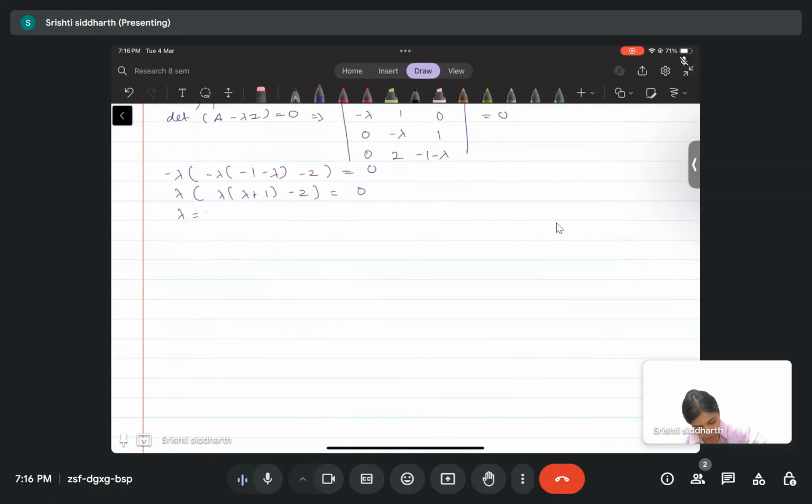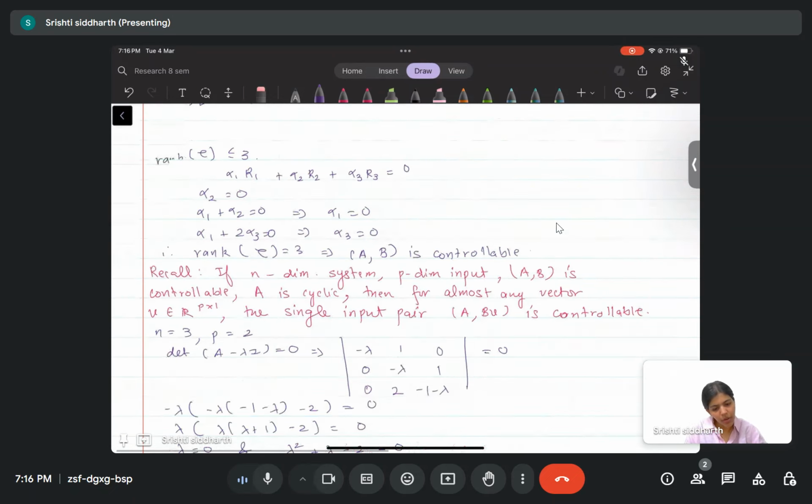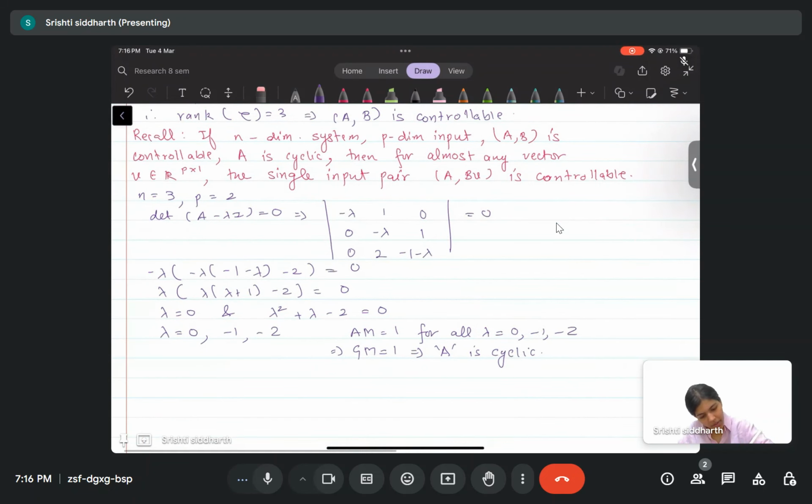Okay, so we have lambda equals 0 and lambda squared plus lambda minus 2 equals 0. So we can compute this. We have the eigenvalues 0, minus 1, minus 2. So you can see that AM equals 1 for all lambda, which just implies that GM is also going to be 1. And the matrix A is cyclic. So A is cyclic, the pair AB is controllable. Now we have to find the vector.